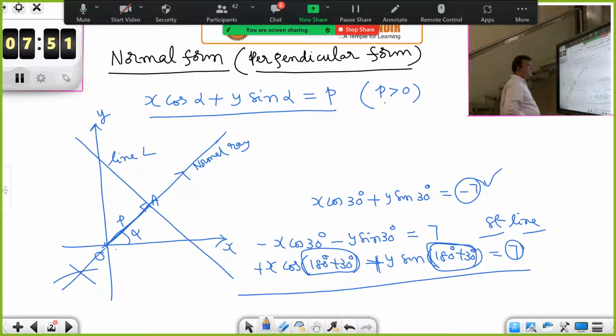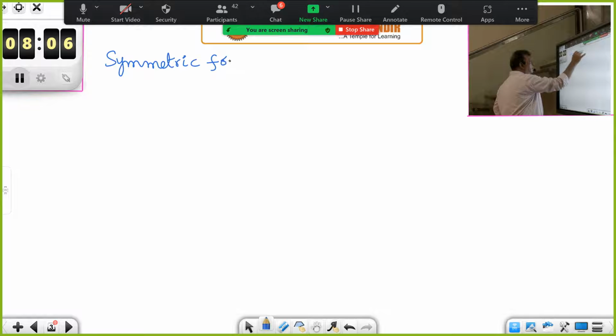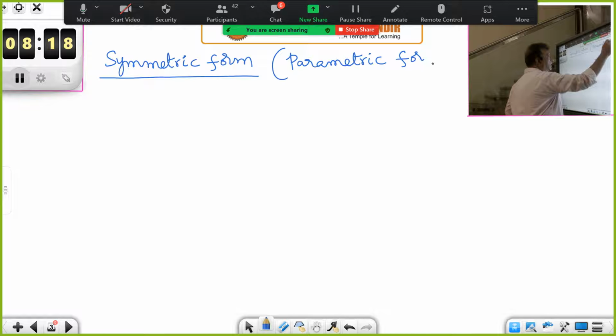Okay, now let us see the symmetric form of a straight line. Symmetric form or parametric form, all these are just similar only, or distance form.